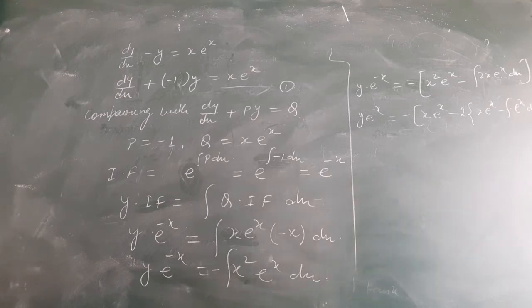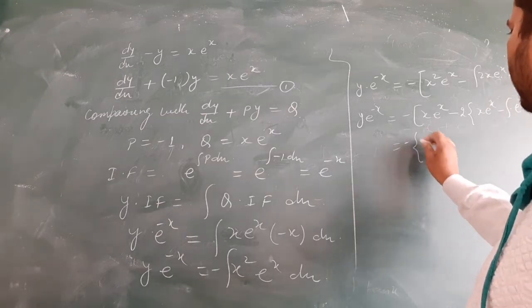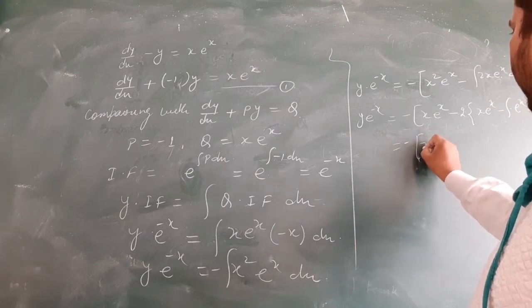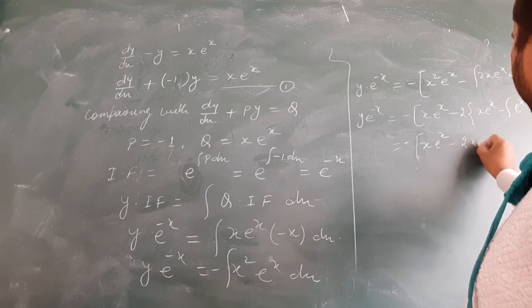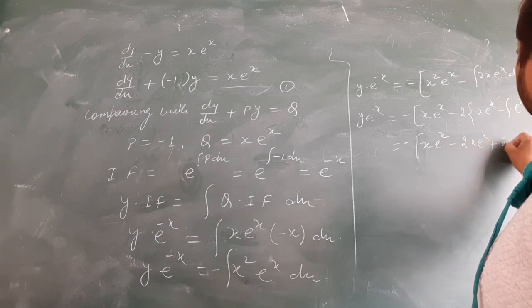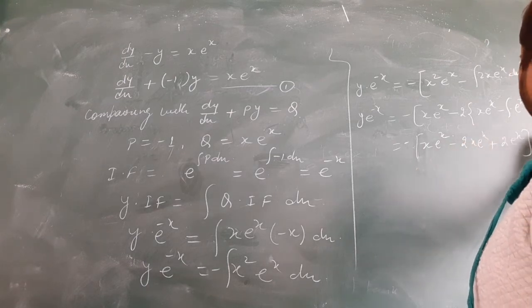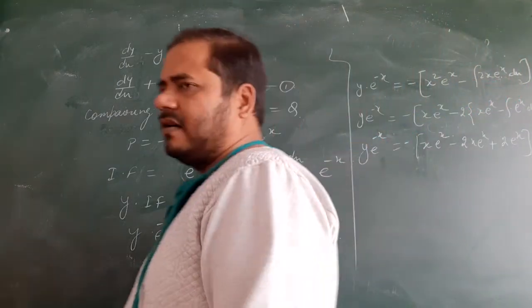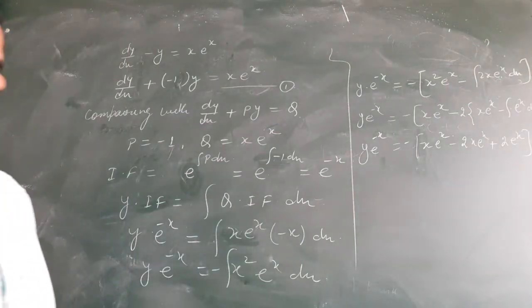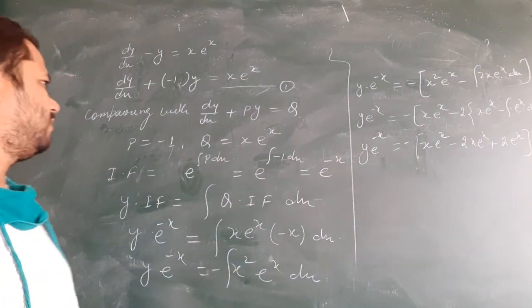This is closed. So this is minus of x square e to the power x minus 2 times x e to the power x plus 2 times e to the power x, plus c. This is the solution for this particular differential equation.